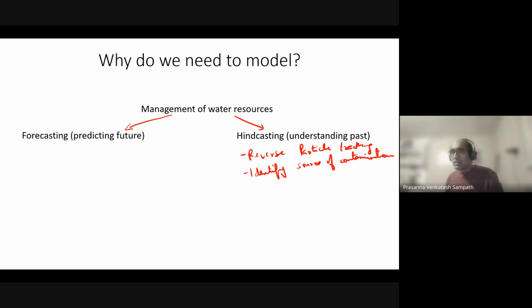The other reason could be, suppose I want to predict the future. How do I know that my model is good enough to predict the future? One typical way we do it is, we have data from the past. What was the water level in 1985? What was the water level in 2010?